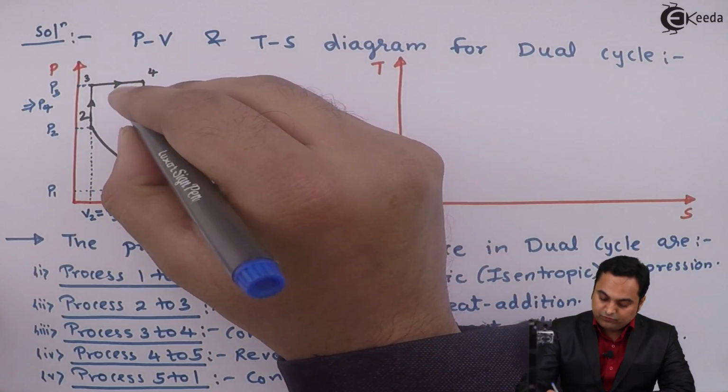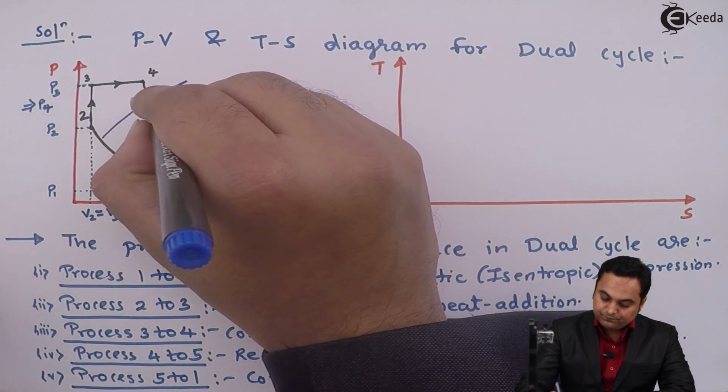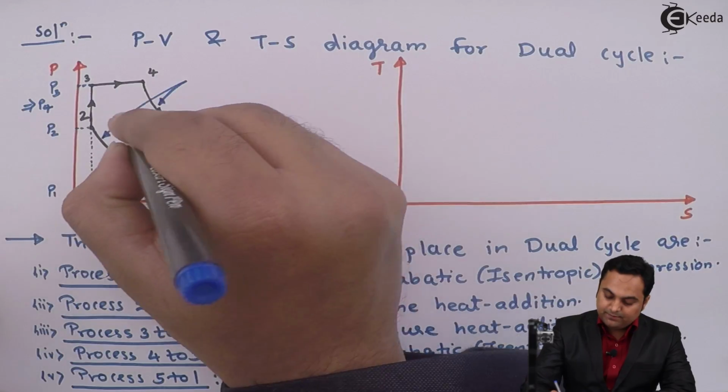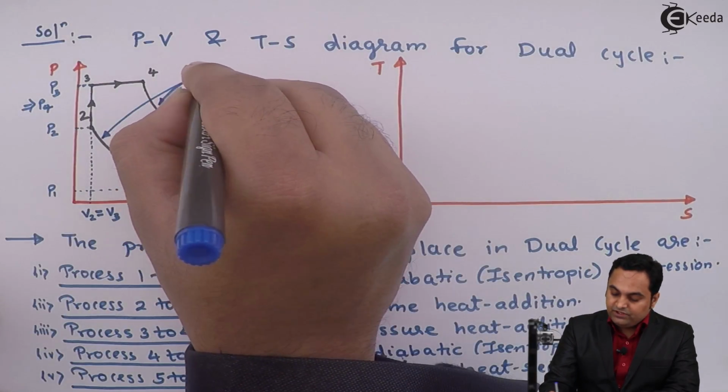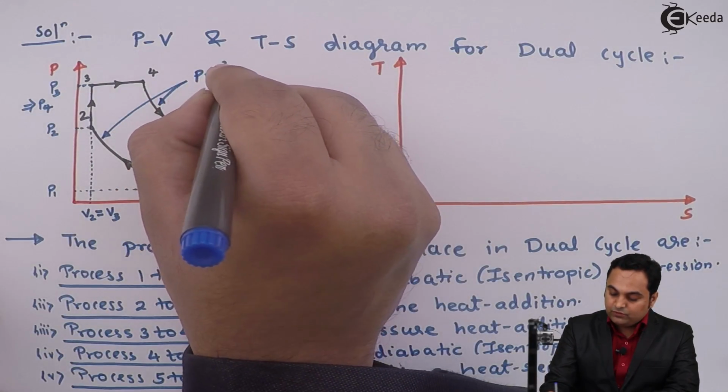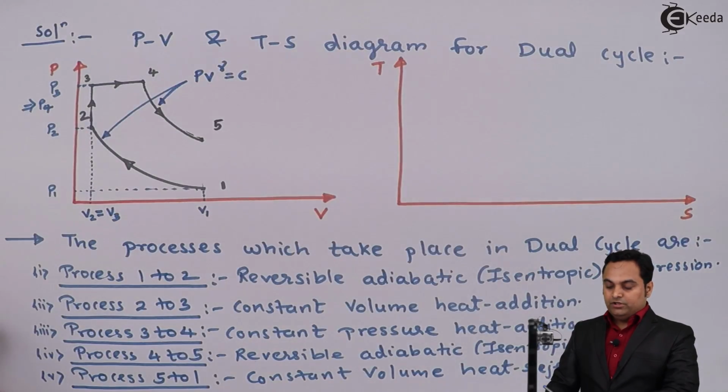So both are following the same law, which is PV raised to gamma is equal to constant. That is the law for reversible adiabatic or isentropic process.